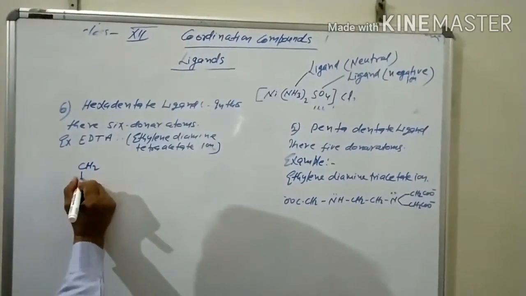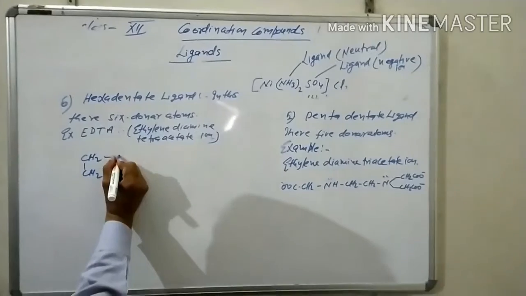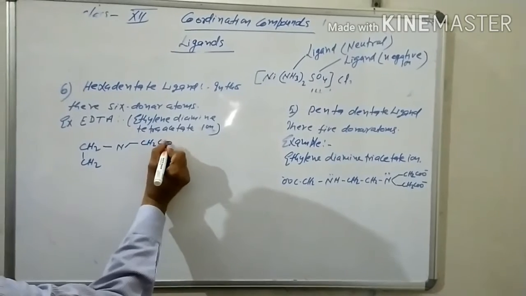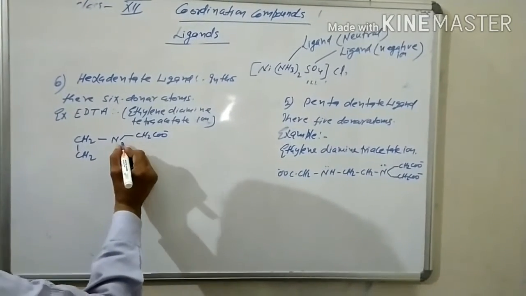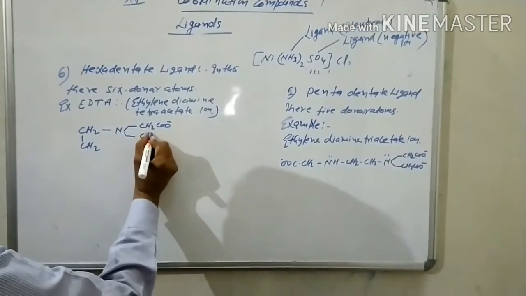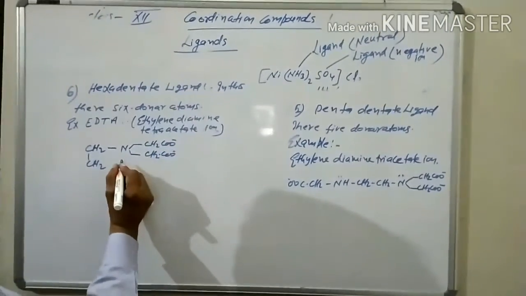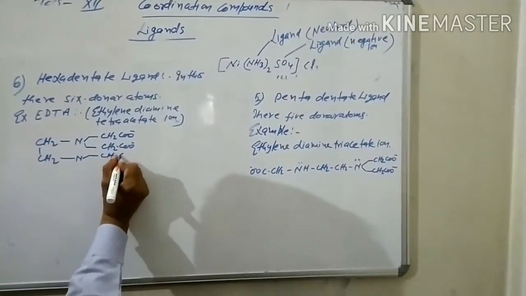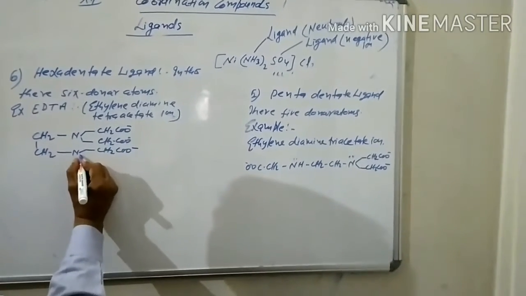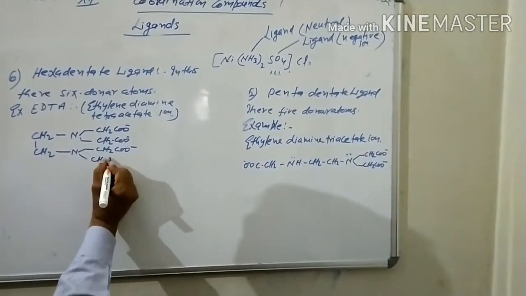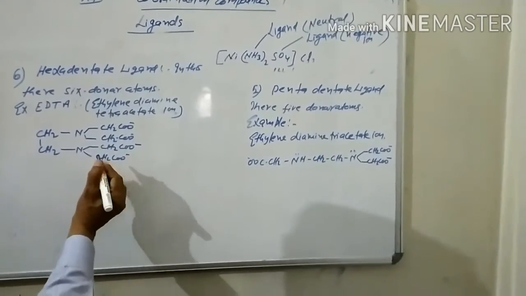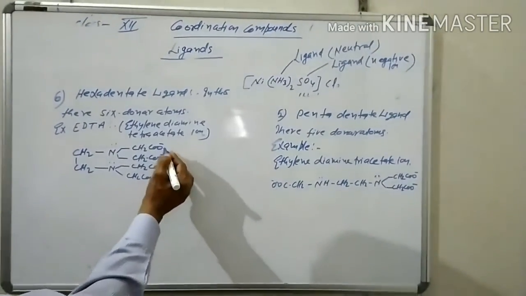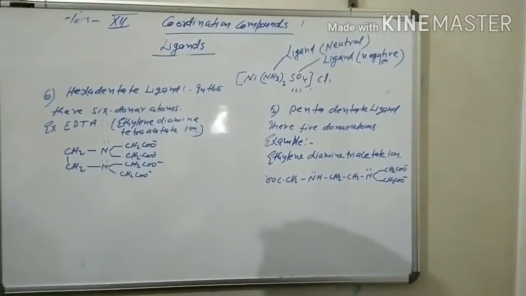As CH2 and CH2C double O acetate ion, CH2C double O acetate ion. In a similar way, CH2C double O acetate ion and CH2C double O acetate ion. In this way, we see that there are 4 donor atoms of oxygen and 2 donor atoms of nitrogen.